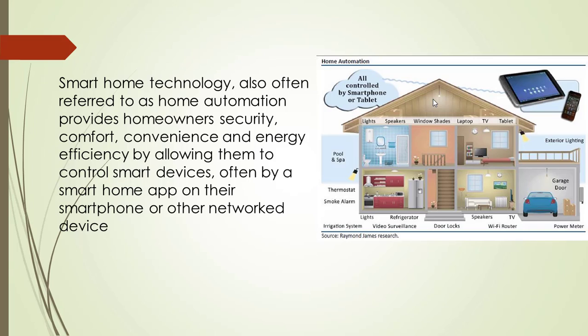Coming on to home automation, here we see the concept of a smart home coming up very fast in the market, such as smart homes, smart cities. When we see the smart home concept, it is purely based on IoT.